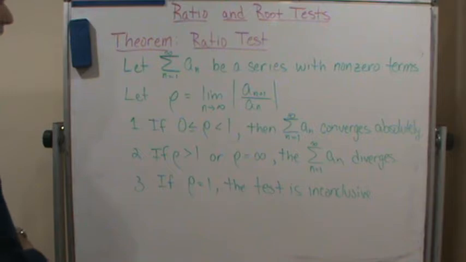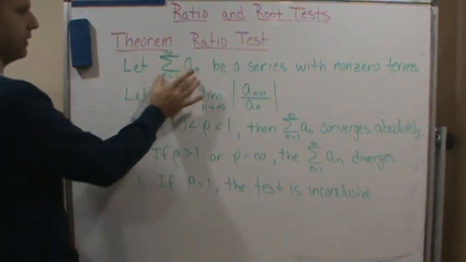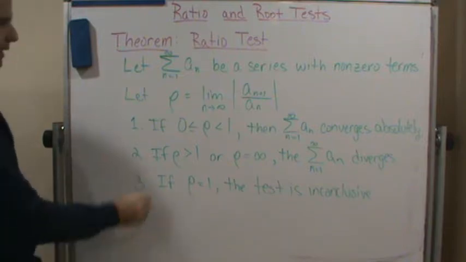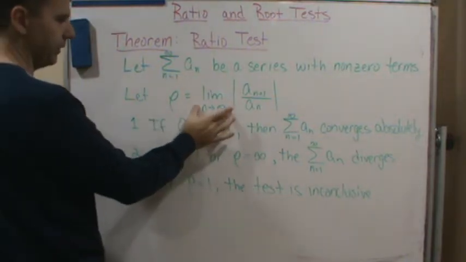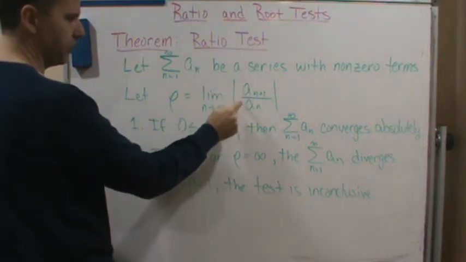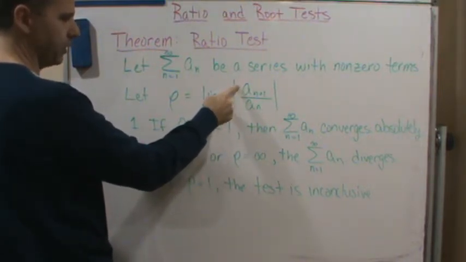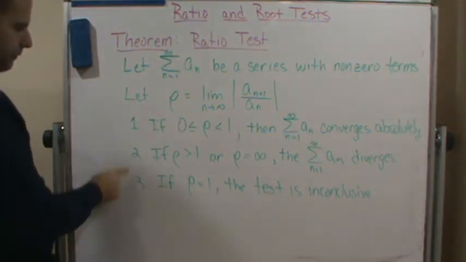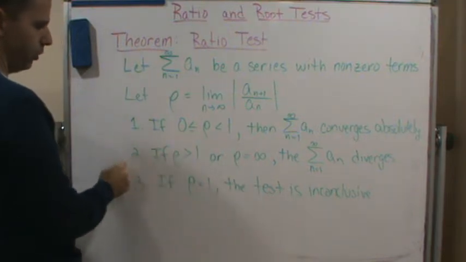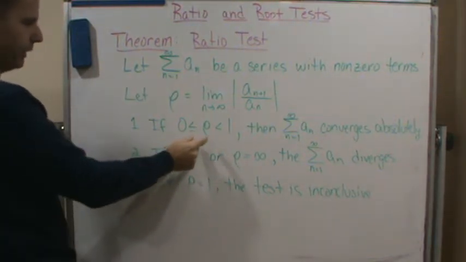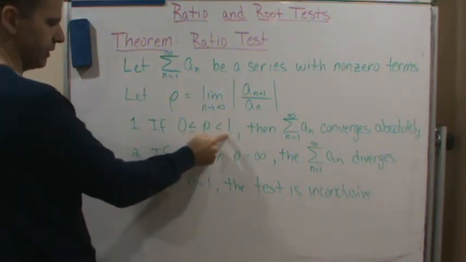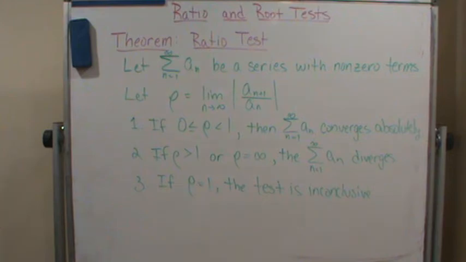The ratio test says that if we let this be a series with non-zero terms, and we let rho equal the limit as n approaches infinity of the ratio of the n plus 1 term divided by the nth term, then if rho is between 0 and 1, including 0 but less than 1, the series converges absolutely.